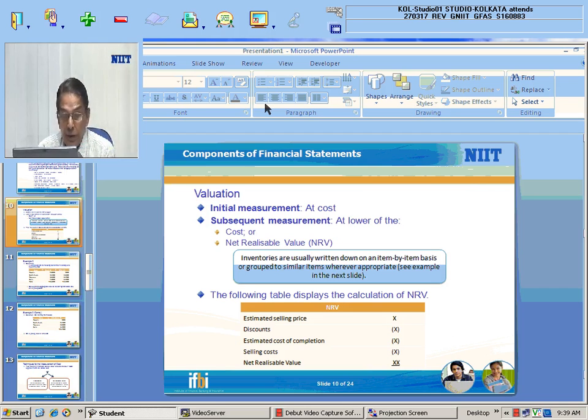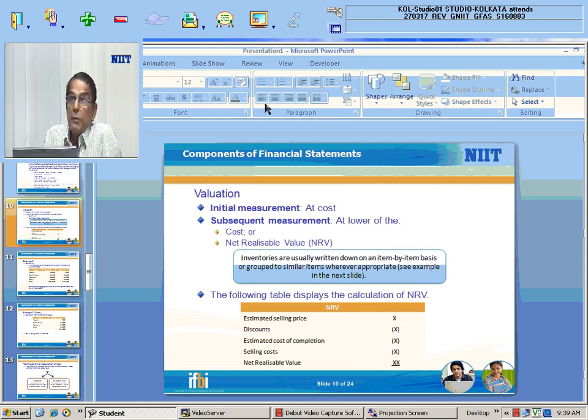So what is the concept involved when you are talking about subsequent measurement at the lower of the cost or net realizable value? What accounting concept is involved? Can anyone answer? We have talked about accounting concepts, accounting principles.